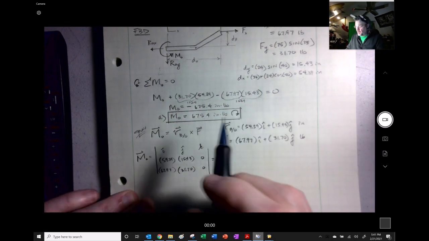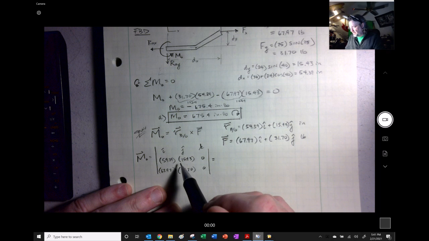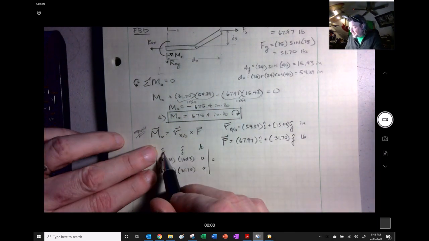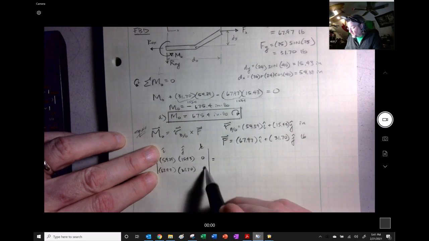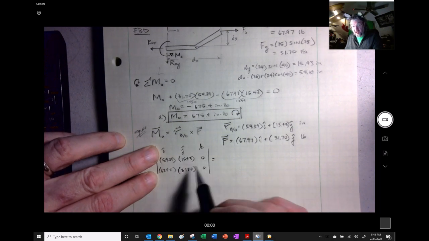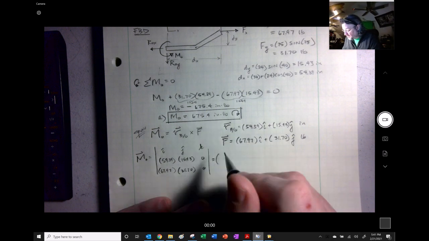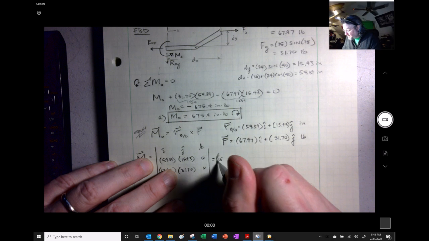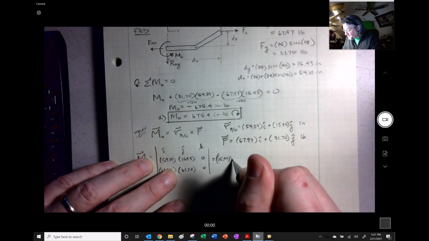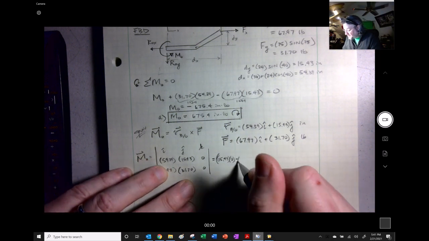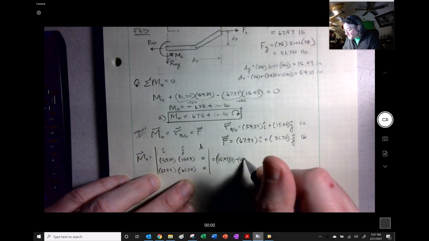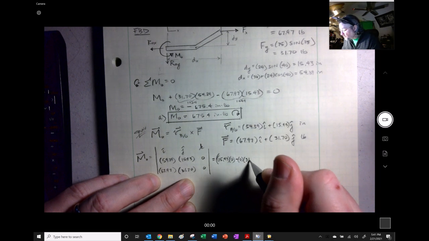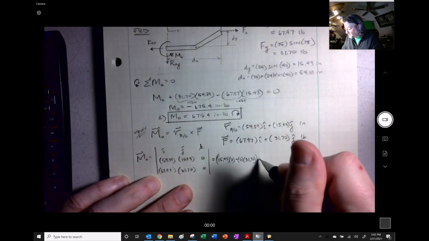Maybe I should go ahead and work it through here. I take the determinant of this little square times i. That little square is 15.43 times 0 minus 0 times 31.70, and so that's i.